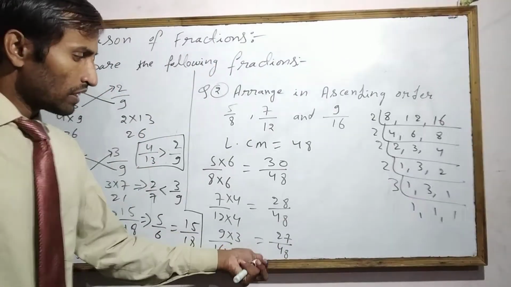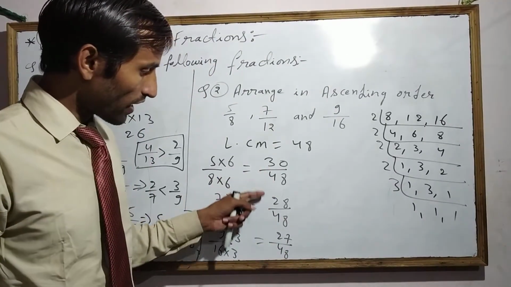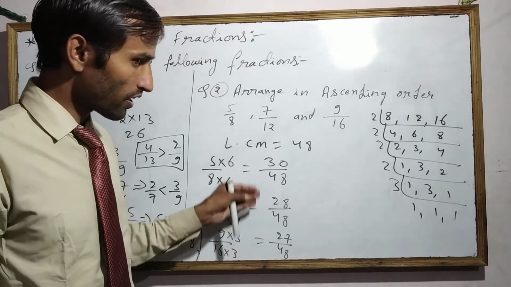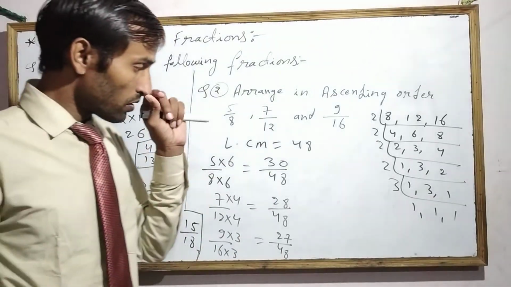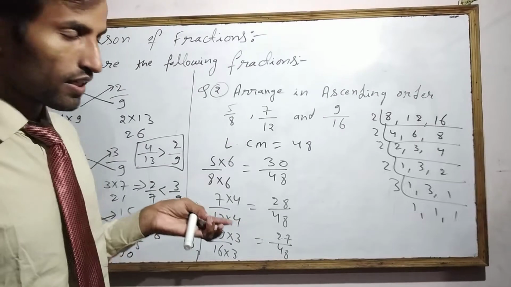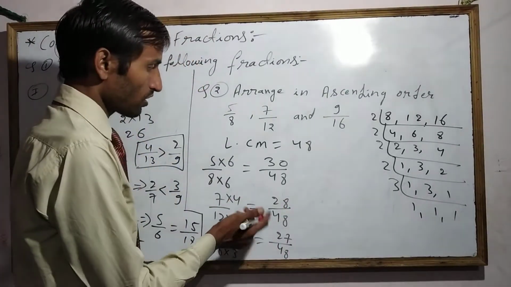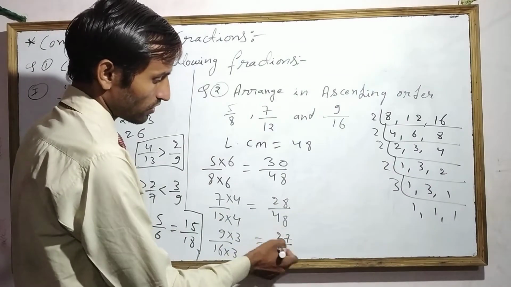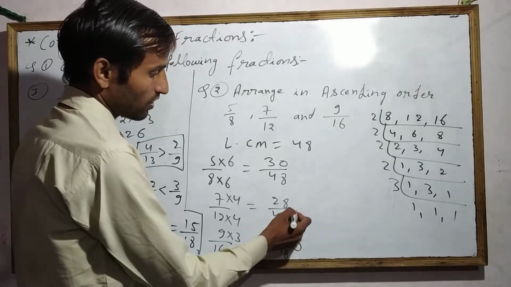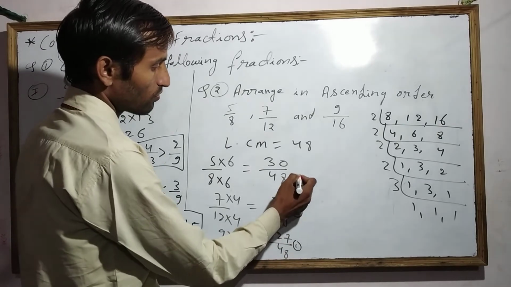Just see here, now each fraction has the same denominator, that is, each is a like fraction. So now we can identify which is greatest and which is smallest, and we can arrange in ascending order. This one is smallest, so it takes the first position, then this one second, and this one third.